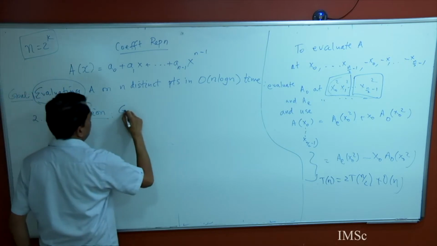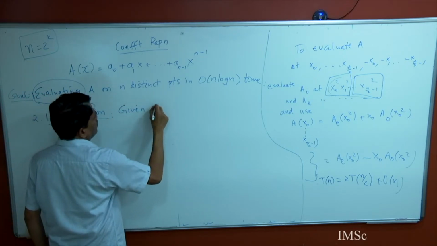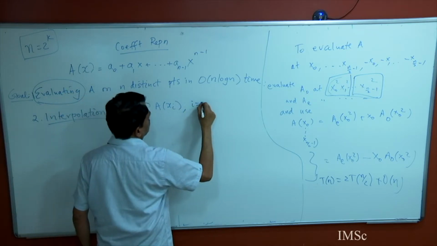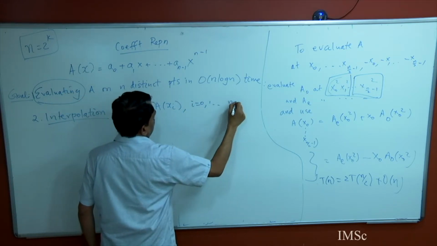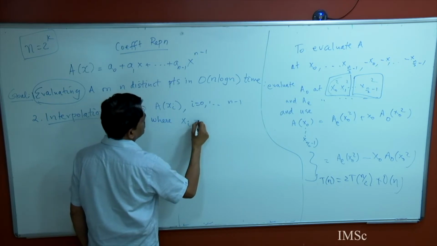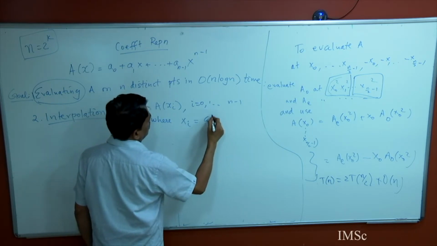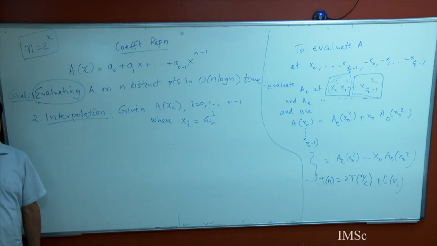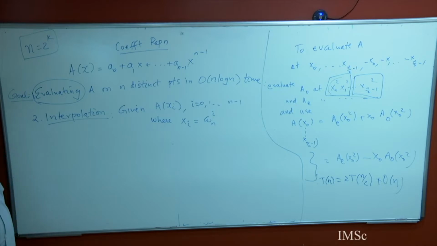which is given some A(x_i), i equal to 0 to n minus 1, where x_i is not arbitrary, it is omega n, the ith power of the primitive nth root of unity.